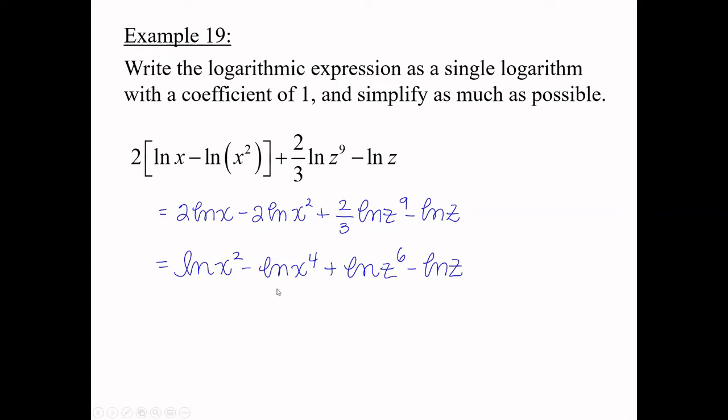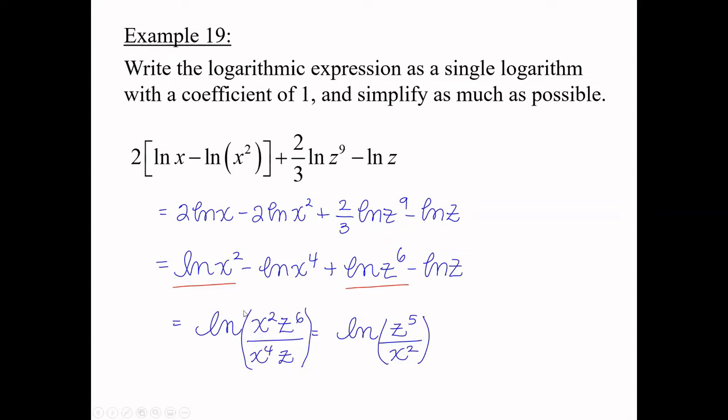Now we're ready to start grouping these by multiplication and division. Okay, we have 2 positive items, so those will be multiplied in the numerator. We have 2 negative items, so they will be multiplied in the denominator. So we've got the x squared, z to the 6th, and the x fourth, z to the 1st.